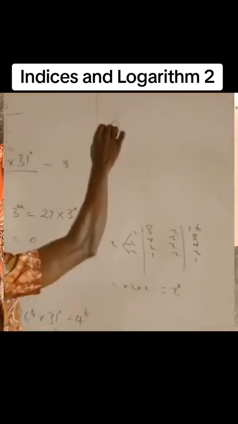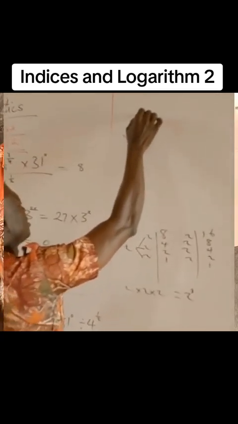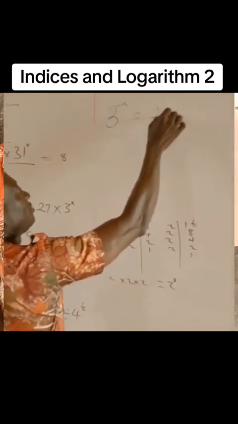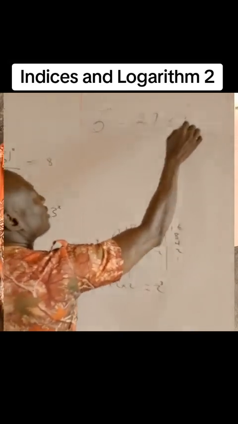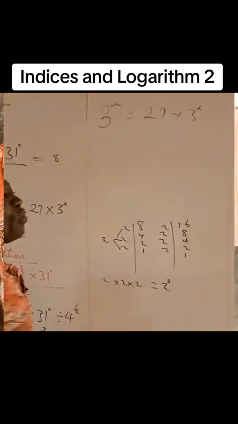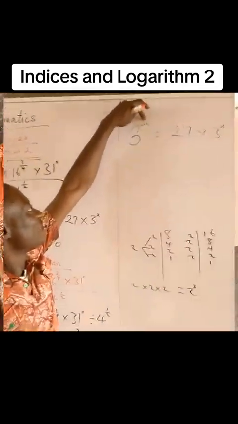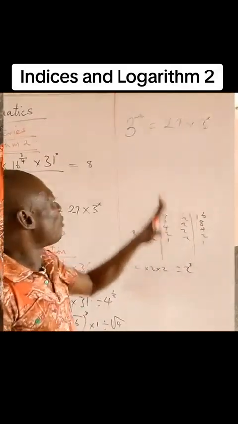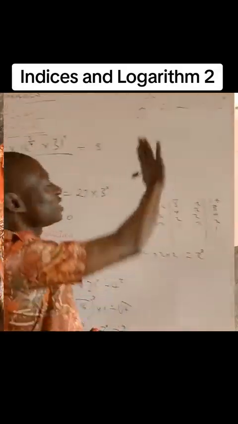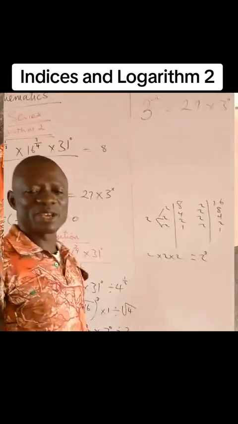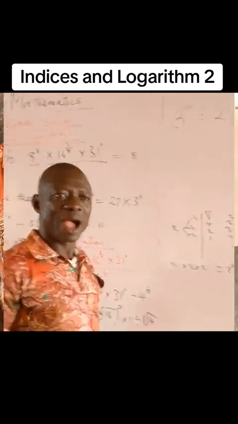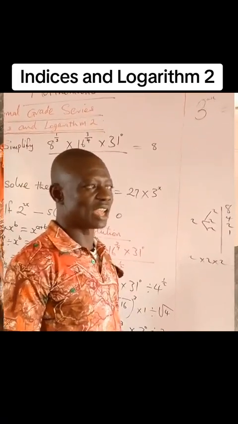That 3 raised to the power 2x is equal to 27 times 3 raised to the power x. What will be the value of x? We put that value here, and what we have on the left hand side will be equal to what we have on the right hand side. That's what this is meant to do. We are meant to solve this question to find out.